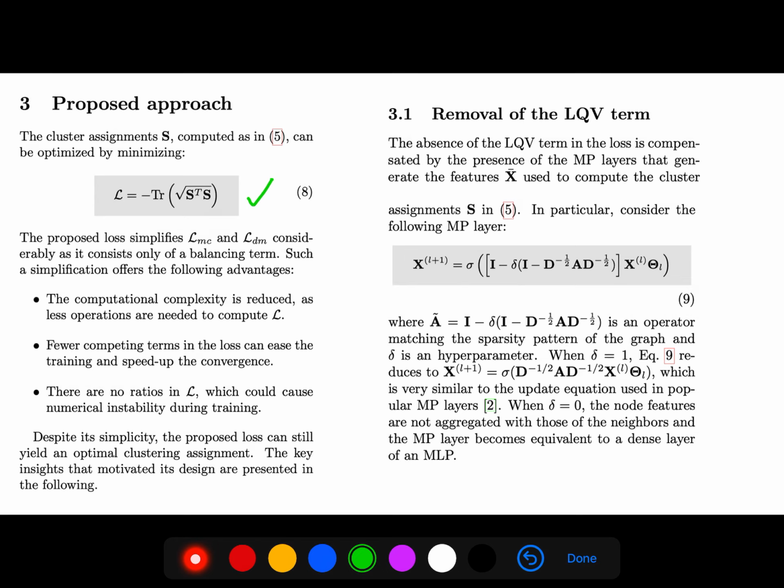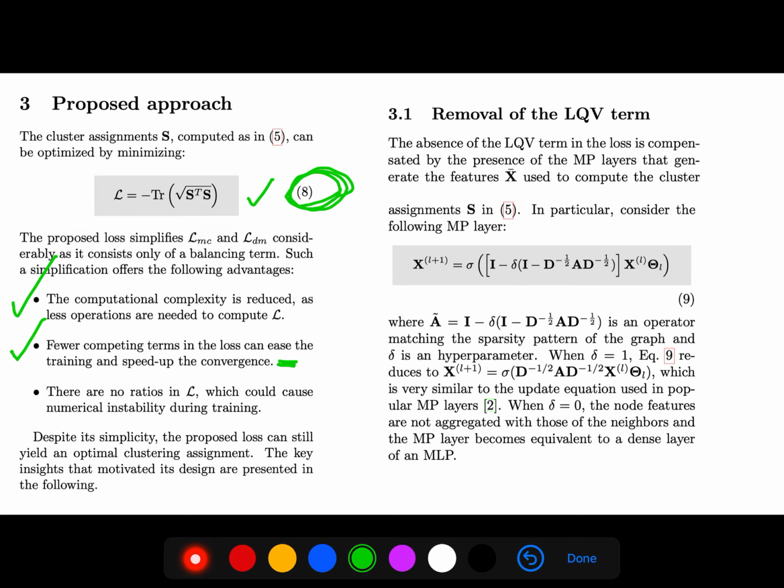The proposed loss simplifies L sub MC and DMoN considerably, as it consists only of a balancing term. Such a simplification offers the following advantages. This is the added value of this paper, just because the computational complexity is reduced, as fewer operations are needed to compute L, and fewer competing terms in the loss can ease the training and speed up the convergence.